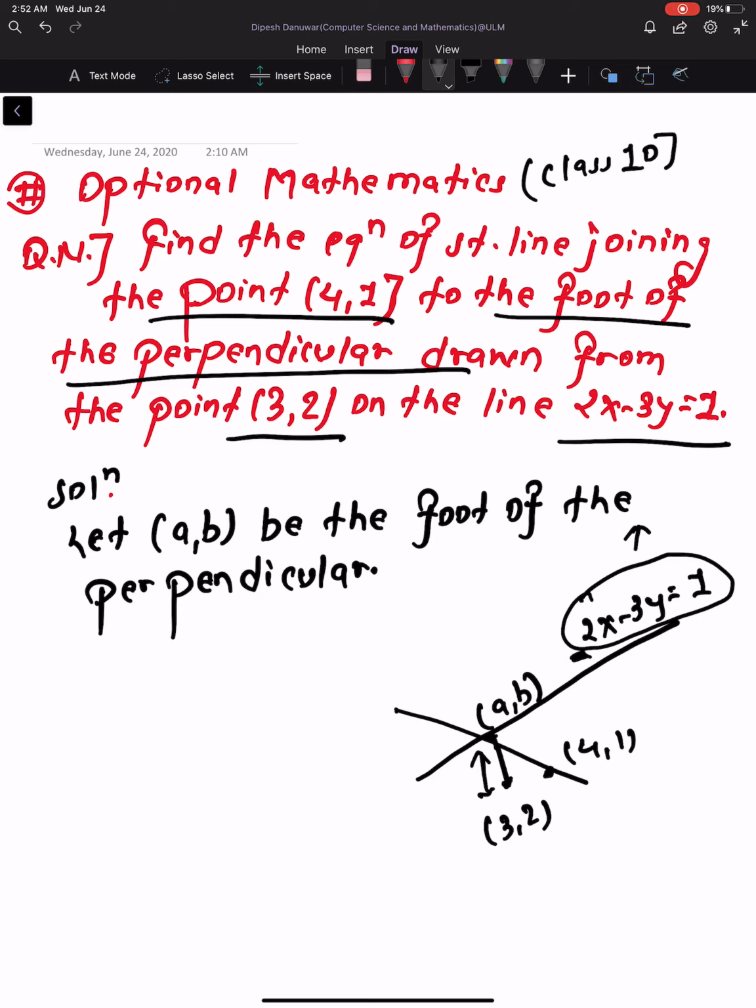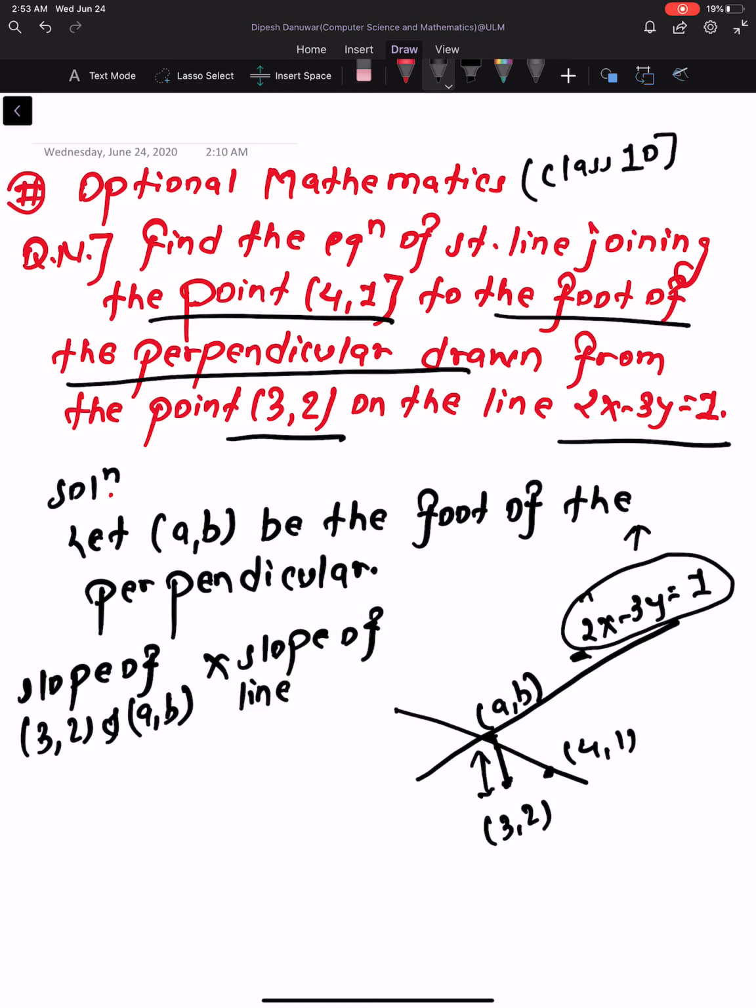So the slope of (3, 2) and (a, b) times the slope of the line 2x minus 3y is equal to 1 is equal to -1.